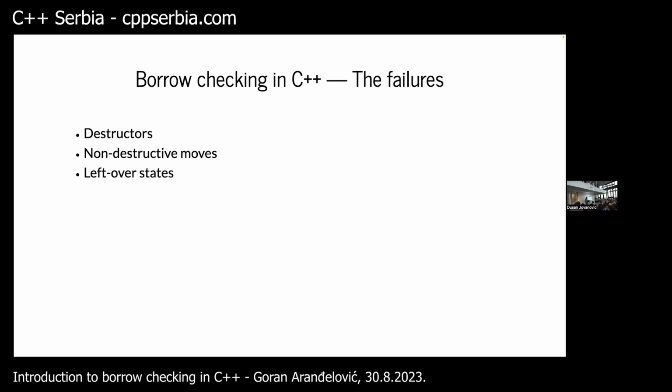I think that non-destructive moves is the hottest subject from all of these in the past few years. Disregarding Rust, C++ lacks non-destructive moves for some other things as well, not only for implementing borrow checking. So it's a broader topic.